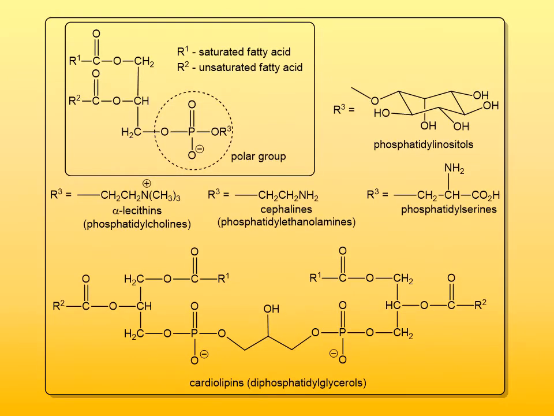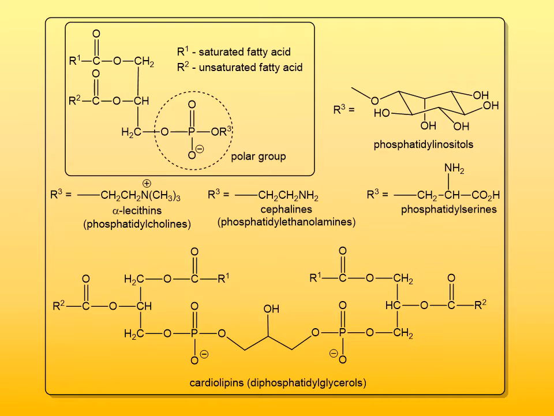Here are common phosphoglycerides. So the general formula is again shown in the upper left corner. And depending on the polar group, they are classified as different classes of compounds. So if that polar group contains choline as alcohol, they are phosphatidylcholines or alpha-lecithins. If it contains ethanolamine, then they are phosphatidylethanolamines or cephalins. Inositol, a six-membered ring with 6 hydroxyl groups, one of which is now bonded as ester group to phosphate group.